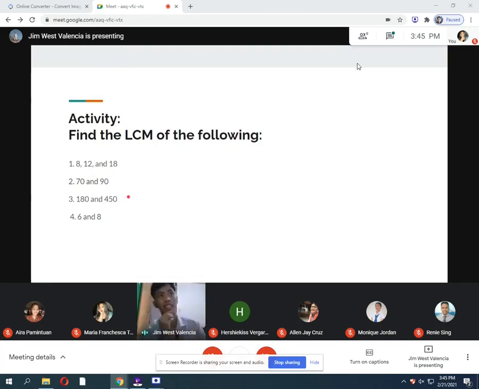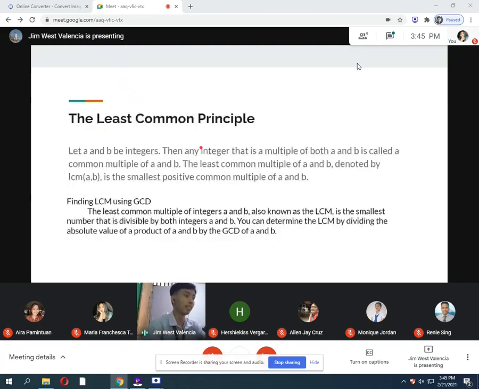Sobrang laki na nito, di ba? Ang daming factors na kailangan nating gamitin. So, in this discussion, malalaman natin kung paano i-compute ang LCM ng mga malalaking number. Okay? Next na natin.